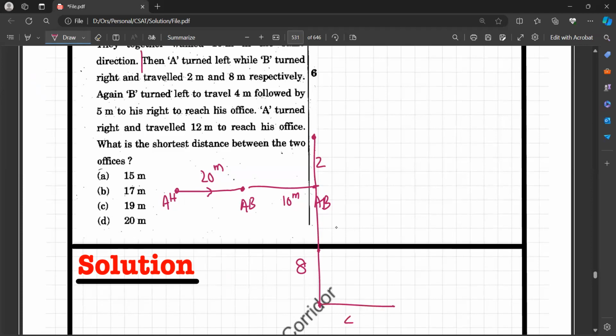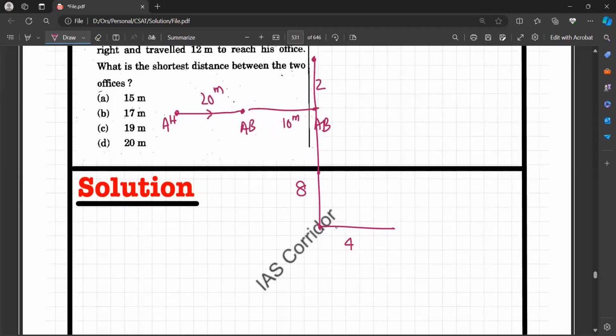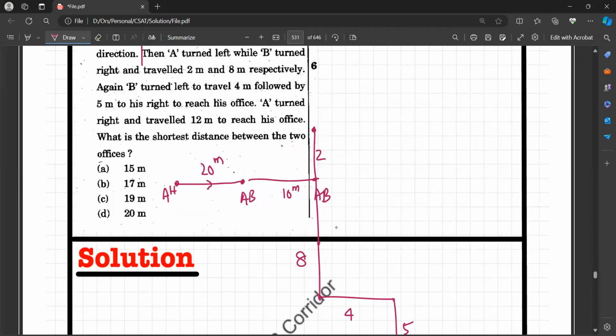Followed by 5 meters to his right. So 4 and a 5. Got it? A turned right and traveled 12 meters. So this is 4. That means 12 meters.